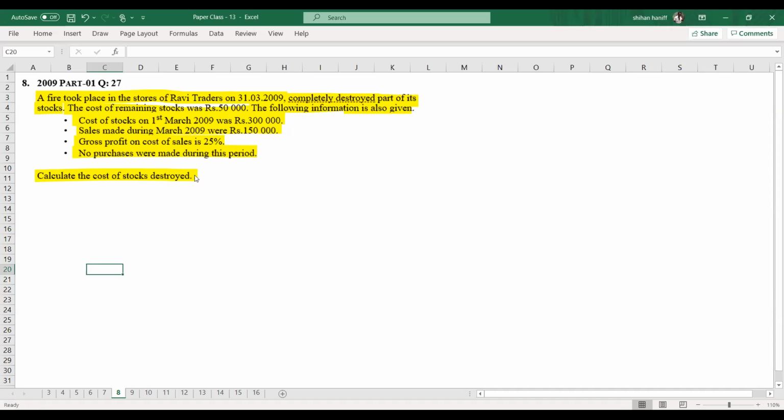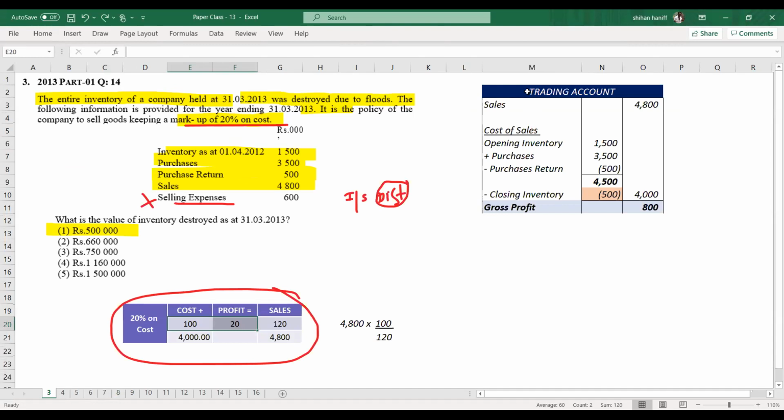Right, so we can prepare a trading account for the month of March. Trading account for the month of March. So I'll use the same format of trading account.